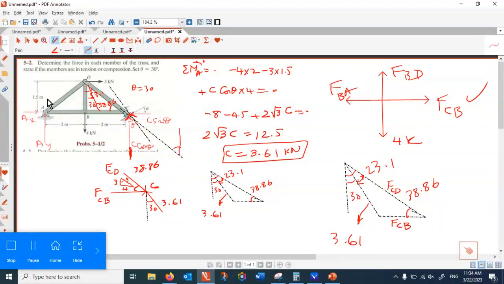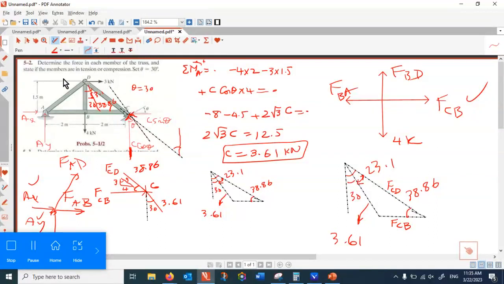You find the reaction, and then if you apply method of joint at A, that is what you get. You know AX, you know AY, and then the only unknowns are FAB and FAD. Two unknowns, method of joint, that is solvable. And finally, when you reach point D, you already know all the forces.